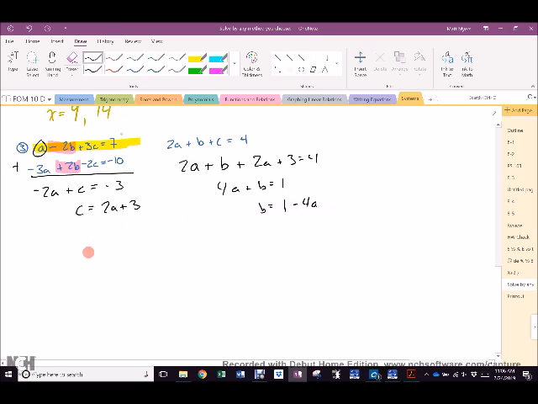A, b, c. A minus 2 times 1 minus 4a plus 3 times 2a plus 3 equals 7. A minus 2 plus 8a plus 6a plus 9.